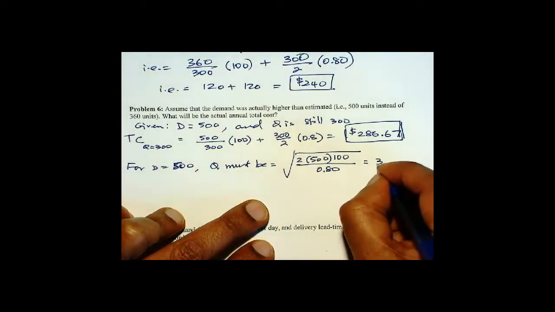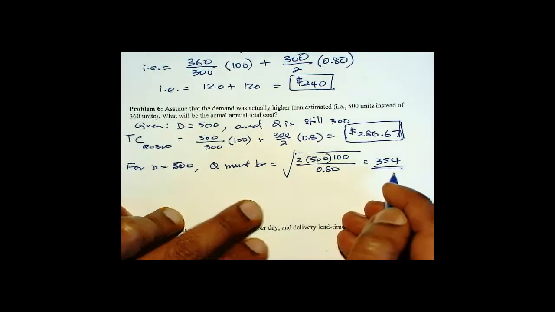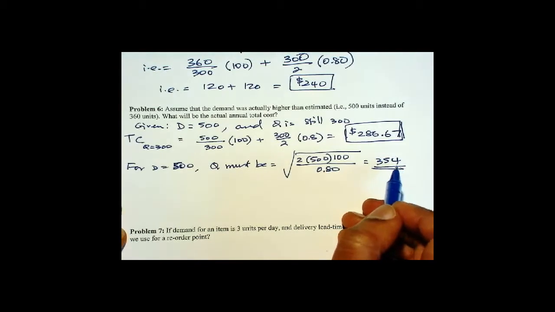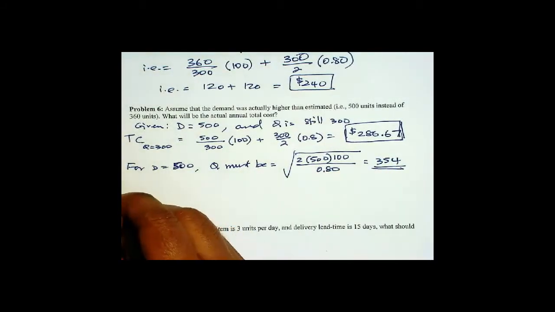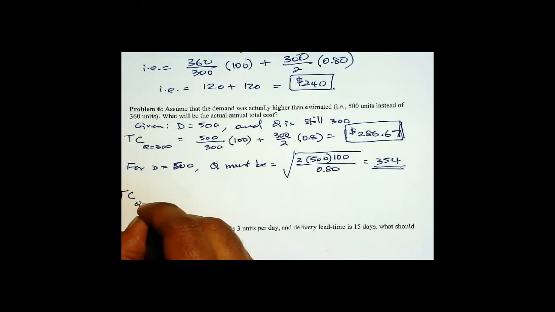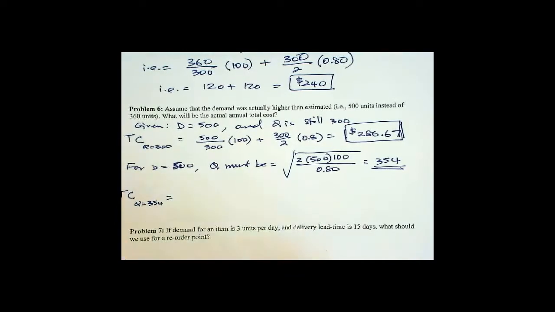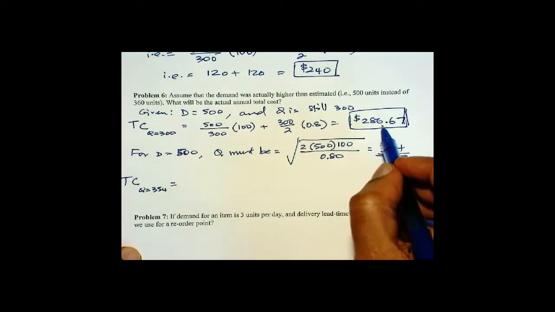We should have been ordering at the rate of 354 and not 300. If we had ordered at the rate of 354, our total cost would have been, of course, smaller than this. Let's see how much smaller.